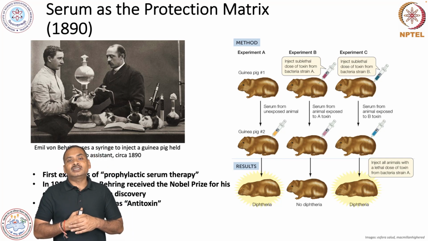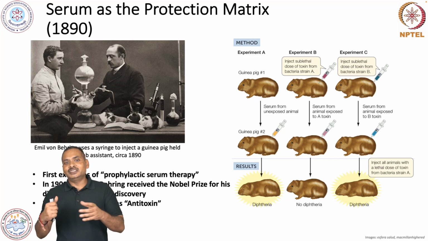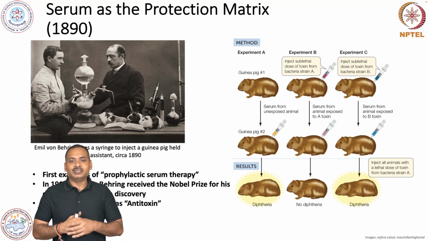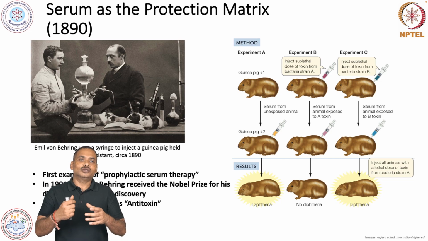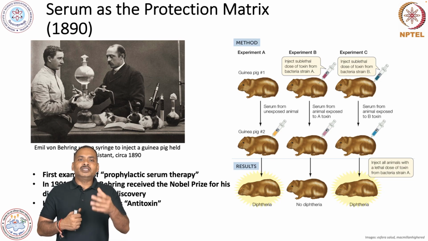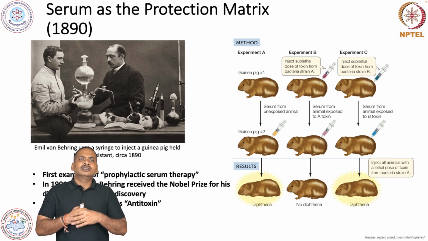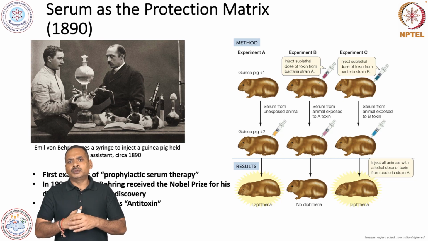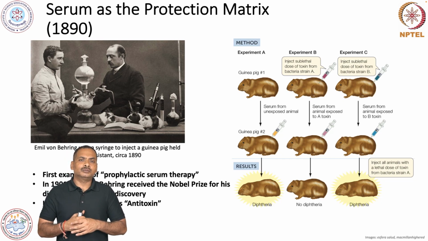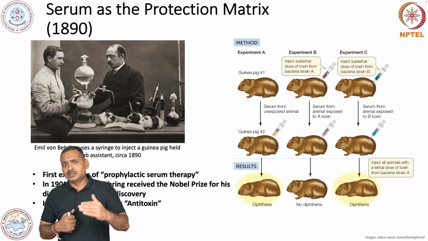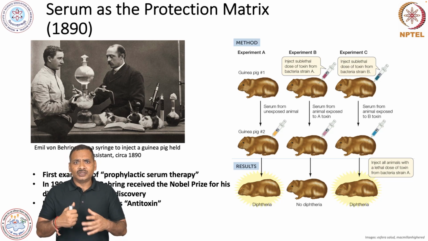Here you can see that there are three groups of guinea pig. Here you are seeing only one guinea pig. The first guinea pig did not receive any toxin, and the second group received the toxin from strain A. Please remember, this is a sublethal dose, not a very lethal dose.